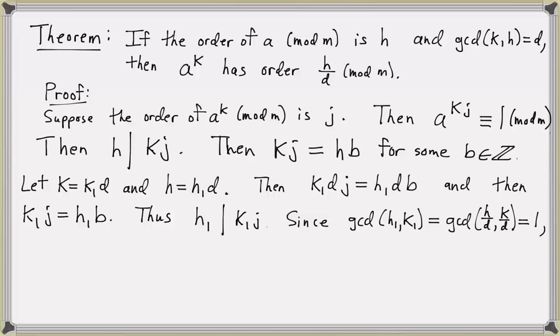Since h1 is relatively prime to k1 and h1 divides k1 times j, we can conclude that h1 must divide j. Now I want to show that j divides h1, and therefore these integers must be equal.